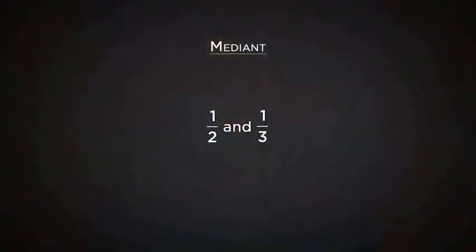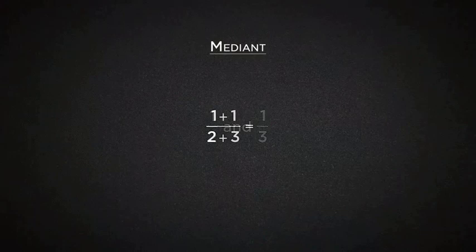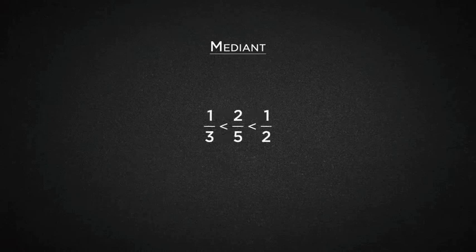For example, the mediant of 1/2 and 1/3 is, well, the numerator is 1 plus 1. The denominator is 2 plus 3. So we get 2 over 5. Now, the mediant has the interesting property that it always lies in between the original two fractions.